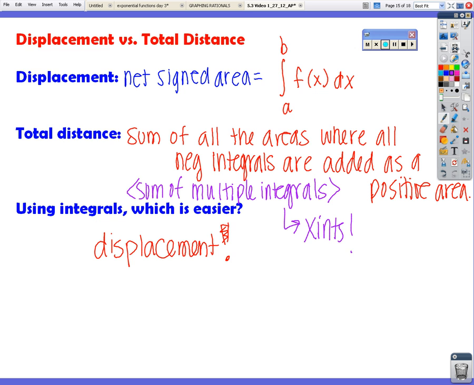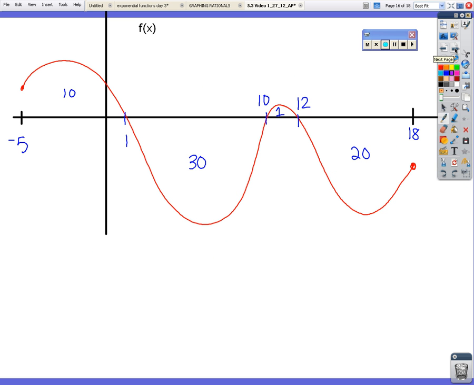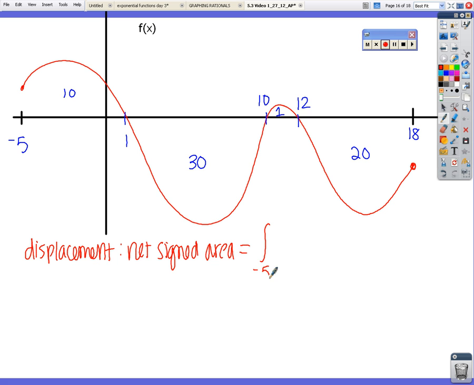So looking at the problem that I have, this is a visual problem where if I asked you for the displacement, or if I asked you for the net signed area over our interval, and our interval goes from -5 to 18, it would look like this. -5 to 18 of the function.